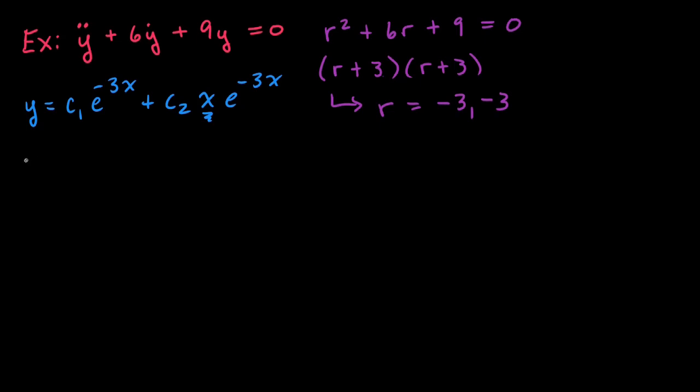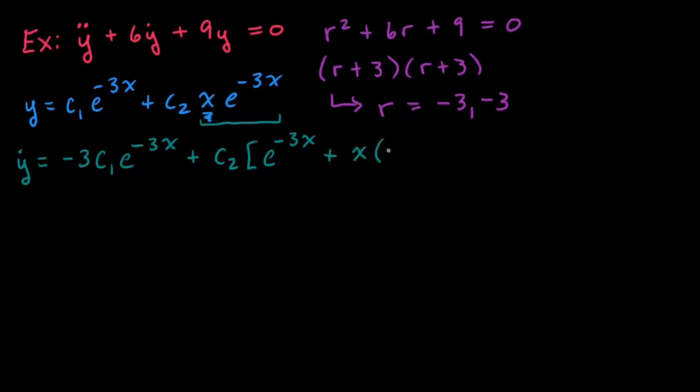So let's go ahead and write out what y prime is. The first term here, we just bring down the exponent coefficient, so we get -3 times C1 e to the minus 3x. And then the second term, we have to use the product rule here, so I'm going to keep the C2 outside, but in the parentheses I've got to take the derivative of this product. So I take the derivative of the first term times the second. The derivative of x is just 1, so I'll just have e to the minus 3x, and then plus the first term times the derivative of the second.